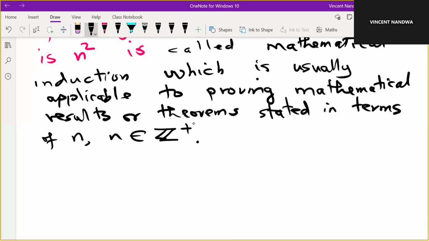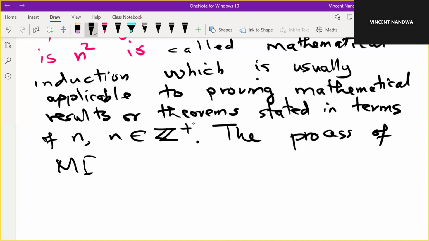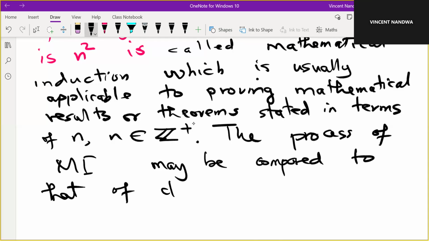Yeah. So the process of mathematical induction may be compared to that of climbing an infinite staircase.